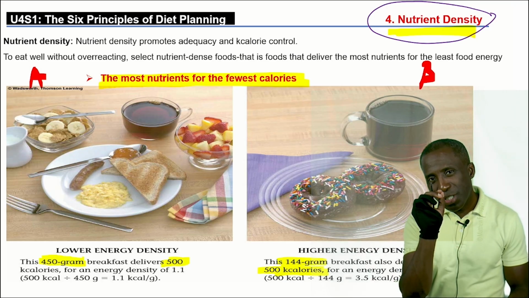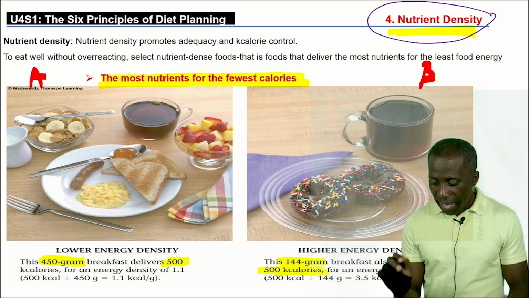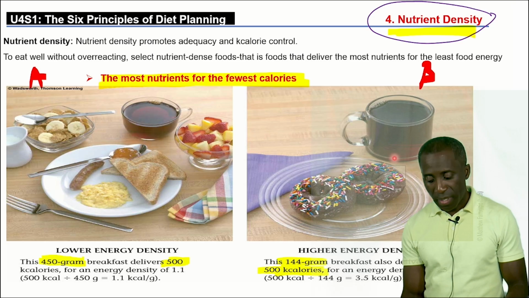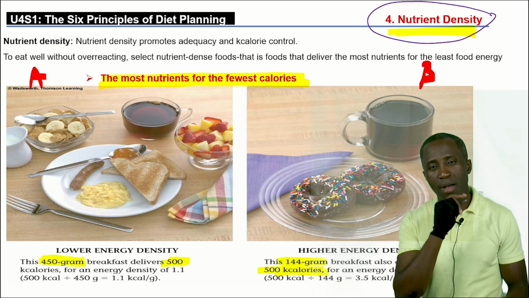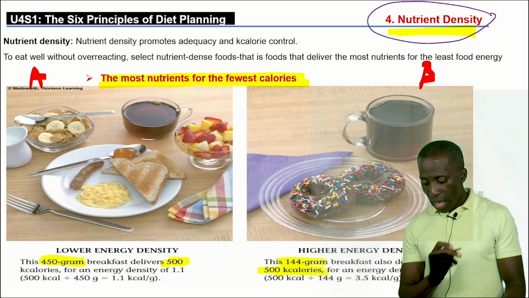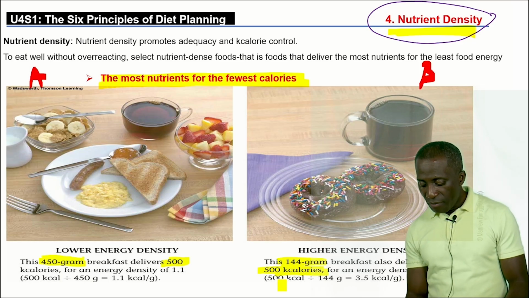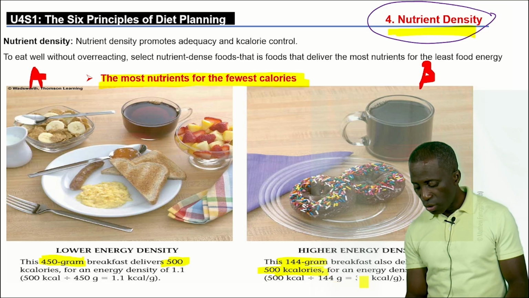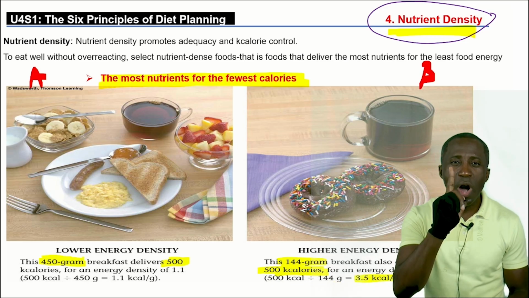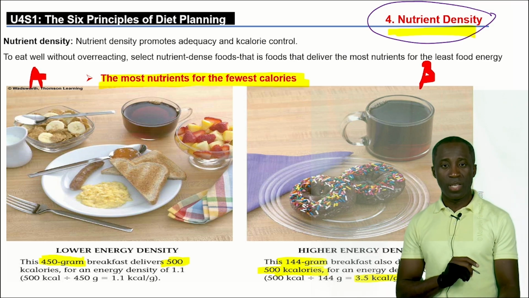But this is what you need to understand, my friends. Even though this one looks small, it has more energy per gram of food. If you divide 500 kilocalories by 144 grams, you're going to see that you have 3.5 kilocalories per 1 gram of food.